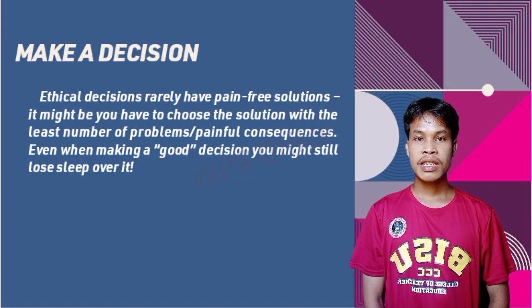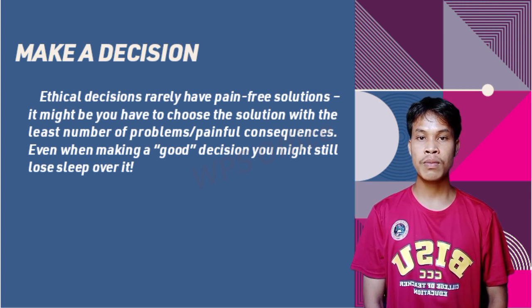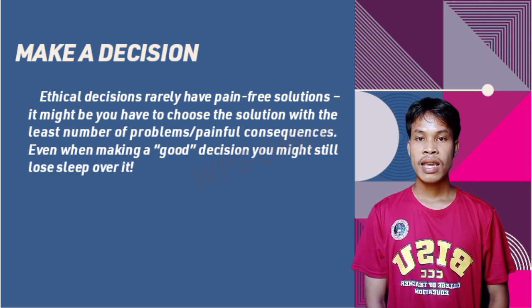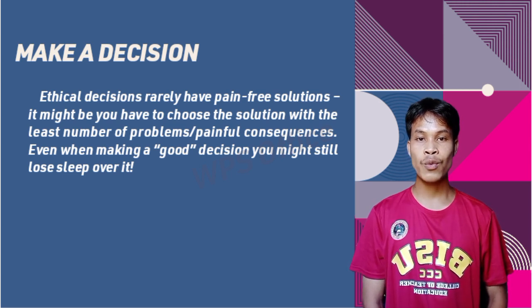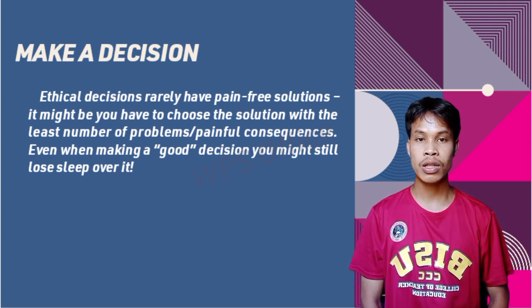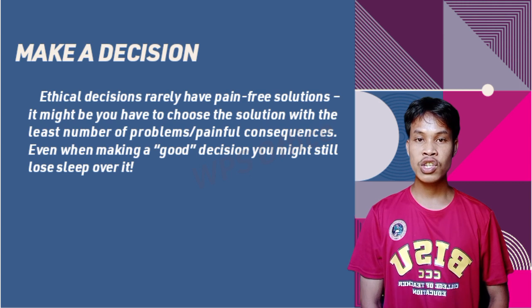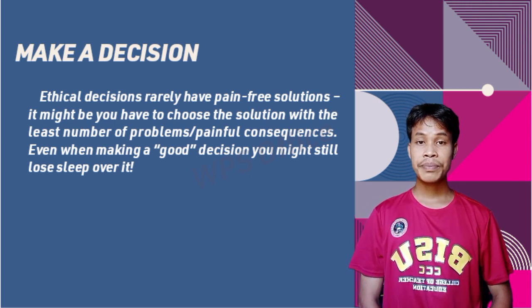In this step, the decision should be based on a careful consideration of all available information and a commitment to act ethically. When making the decision, it is important to take into account the implications of each alternative and how they align with moral values and ethical principles. The decision-making process should involve a thorough analysis of potential outcomes and the impact on all relevant stakeholders.